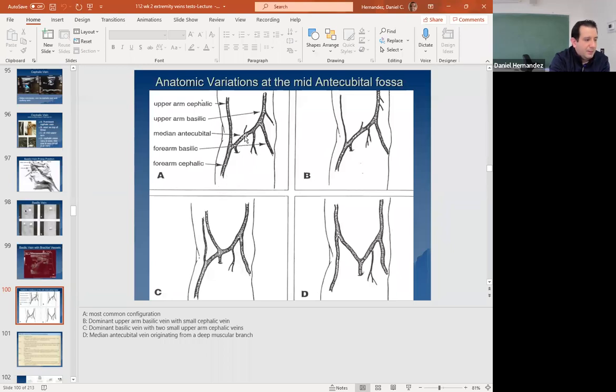We have a connection between the two in the median antecubital vein. The basilic vein runs down along the medial aspect of the arm and continues down the medial aspect of the forearm. This just shows some different presentations, with A being the most common configuration.